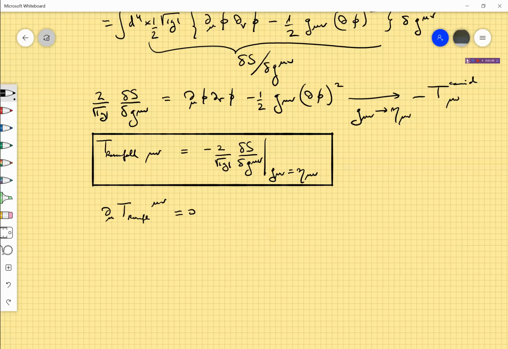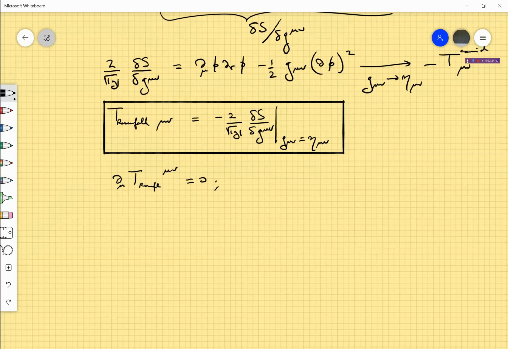So we know that at least for this case this equation is satisfied. Then we have two questions. Is this property true when we consider other fields, or is it true only for the scalar field?